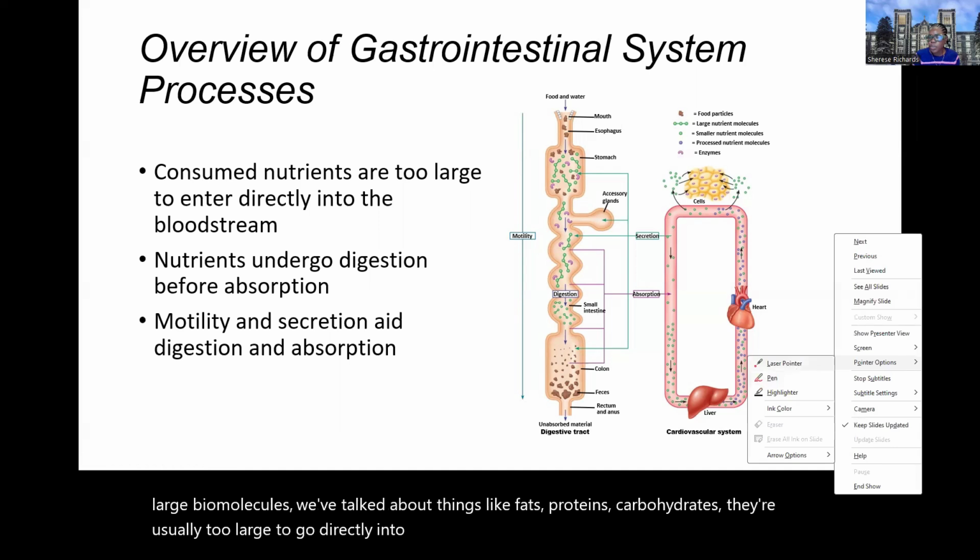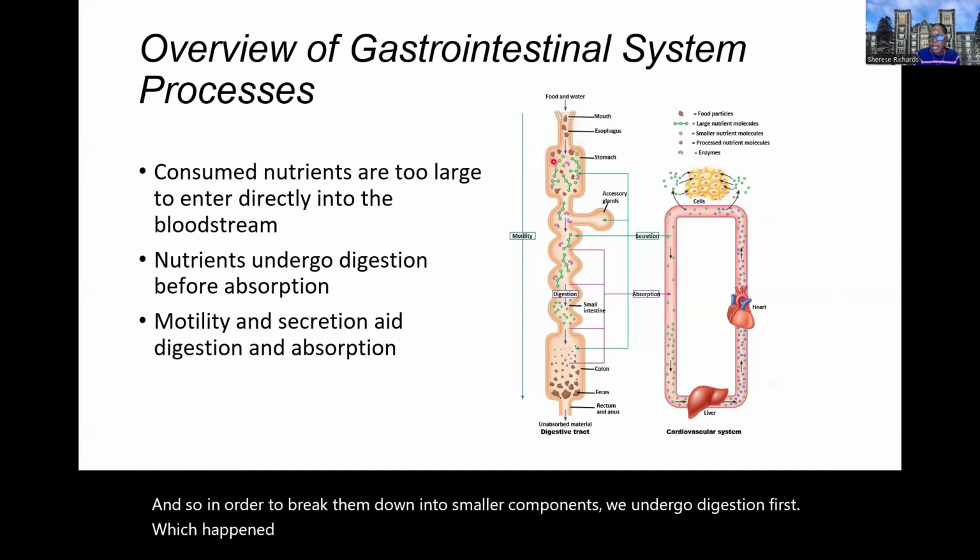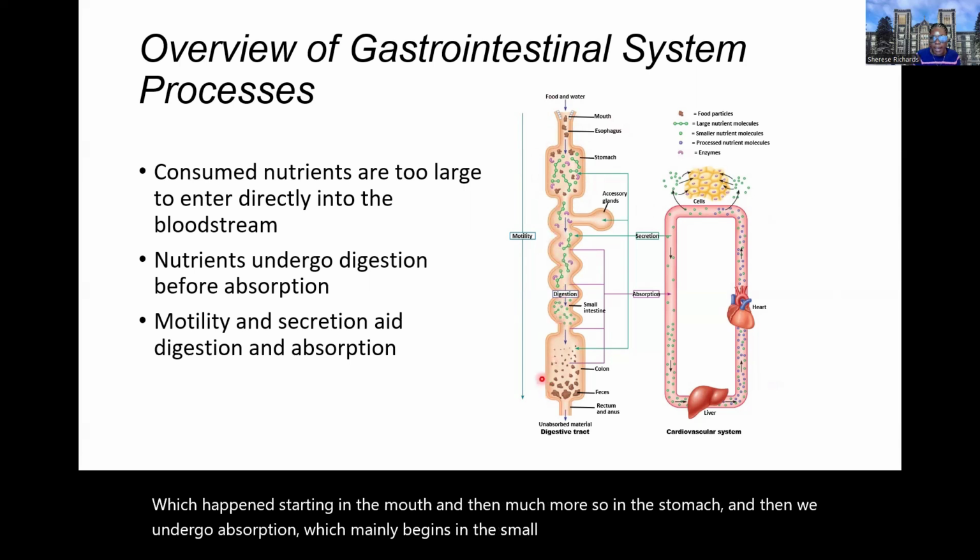And so in order to break them down into smaller components, we undergo digestion first, which happens starting in the mouth and then much more so in the stomach. And then we undergo absorption, which mainly begins in the small intestines. And then we have the elimination of that waste.